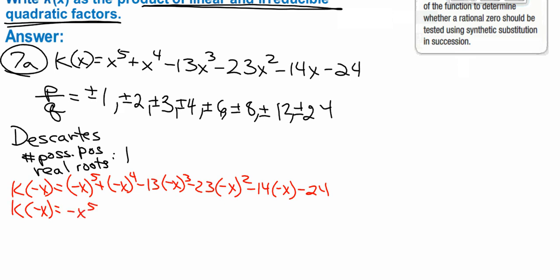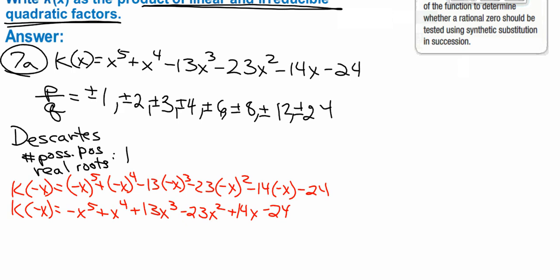Negative to the 4th is positive, so plus x to the 4th. Negative to the 3rd is negative, but then negative again is positive. Negative squared is positive, and this stays negative, 23x squared. Negative negative is plus, and minus 24.